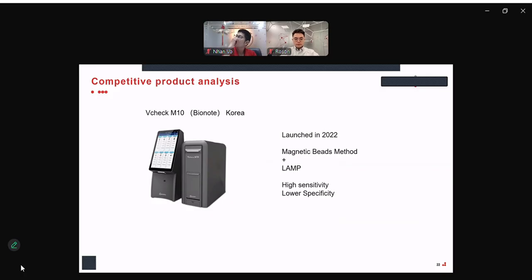But sometimes their customers complain that they met some cases which show no clinical symptoms but are recognized as a positive result. This is a false positive result. The higher the sensitivity, the lower the specificity.